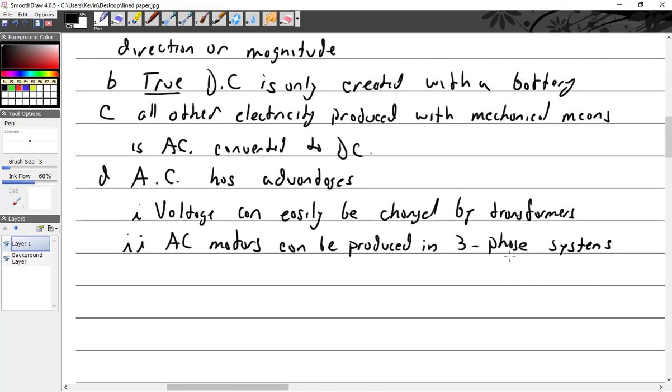So you see polyphase, that means you can use that for three-phase or two-phase. I don't know if there is such a thing. Allowing the use of smaller motors. So the motor physically is smaller, weighs less, but it takes three-phase. That's a good thing. AC generators are more efficient.